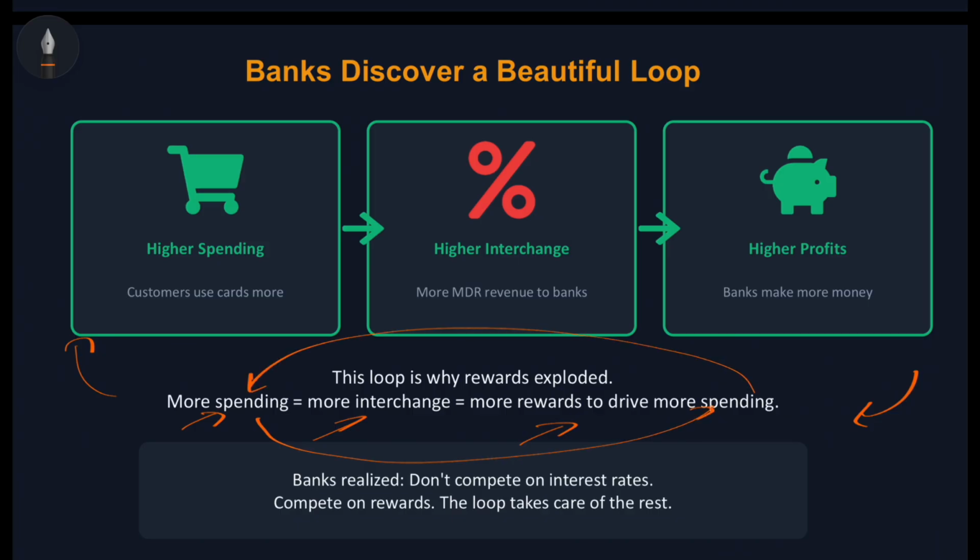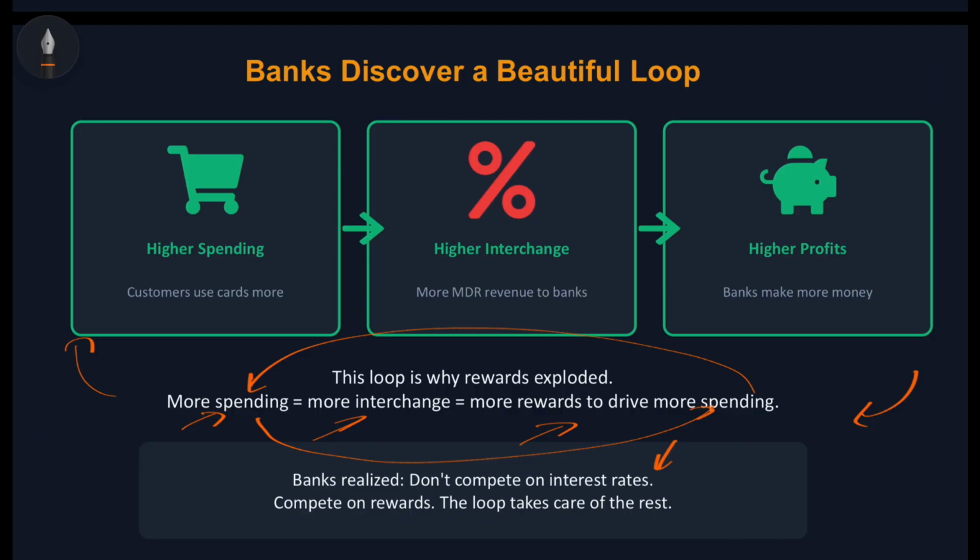So this is a beautiful loop that has been created, and banks are basically focusing on rewards too much because they are not competing on interest rates alone, right? They are now competing on rewards, right? And the loop is just creating or reducing friction in the process, right?